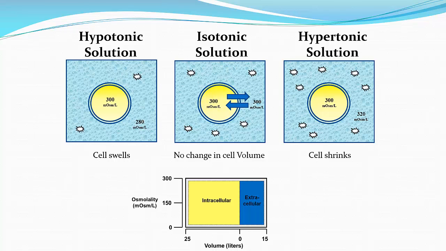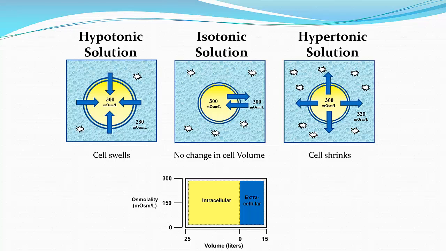In a hypotonic solution, shown on the left, the osmolality of the solution is lower than that inside the cell. In this case, water would enter the cell by osmosis, and the cell would swell and could potentially burst. In a hypertonic solution, shown on the right, the osmolality of the solution is greater than the fluid inside the cell.